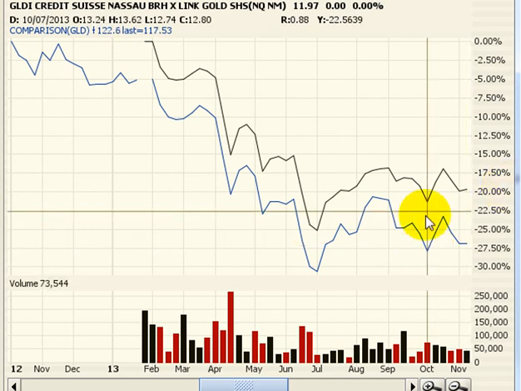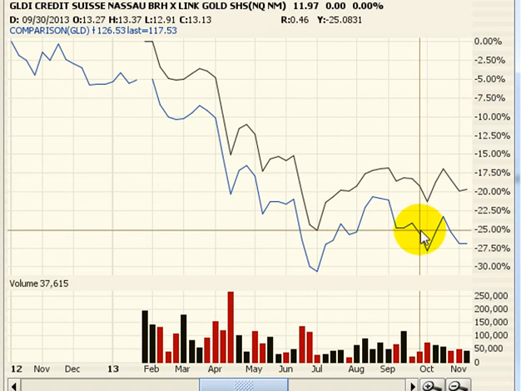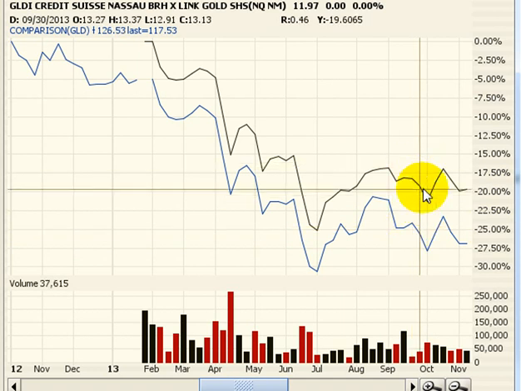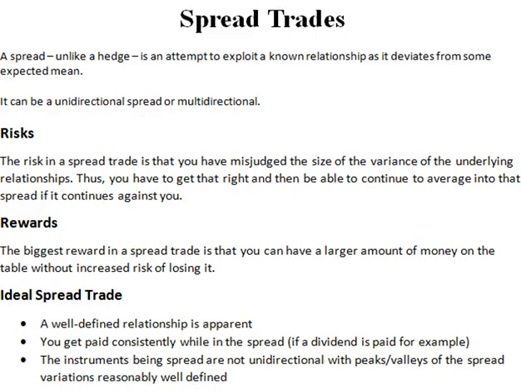So you have to get that relationship reasonably well defined so that you know what the theoretical limits are, because that's what you're trading. You're trading that difference. And so if you misjudge that, you can get yourself into issues, especially if you're arbitraging the difference in a very large way, in terms of a lot of money. So you've got to get that right.